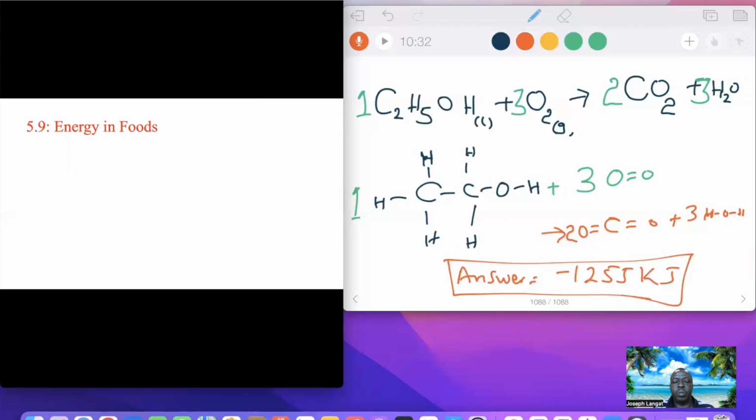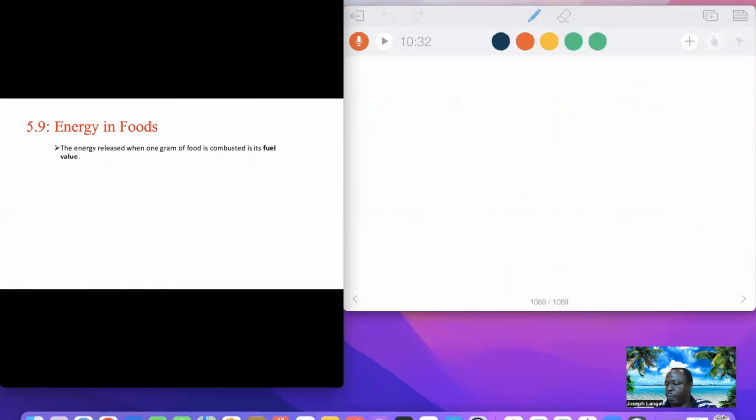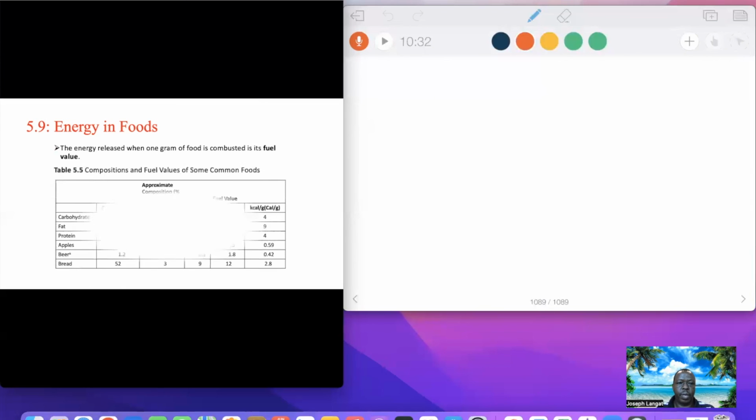The energy released when 1 gram of food is combusted is the fuel energy, all right? So when you combust 1 gram, we call that the fuel energy.